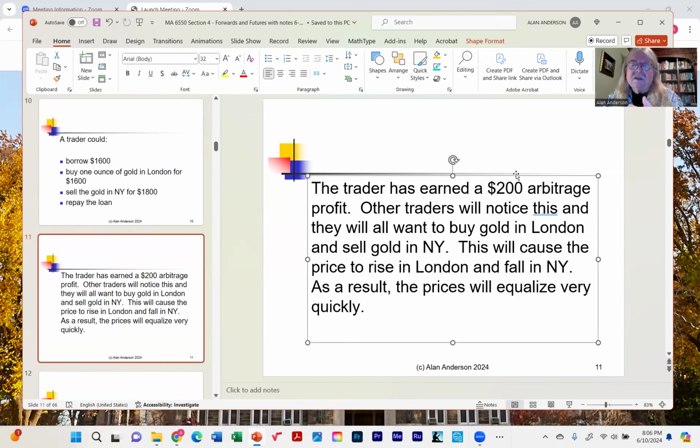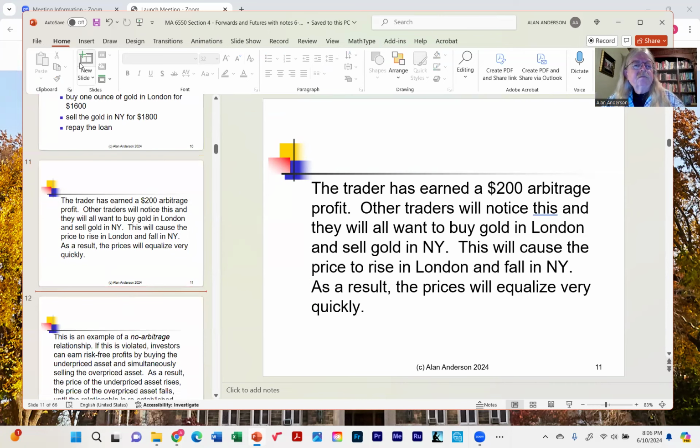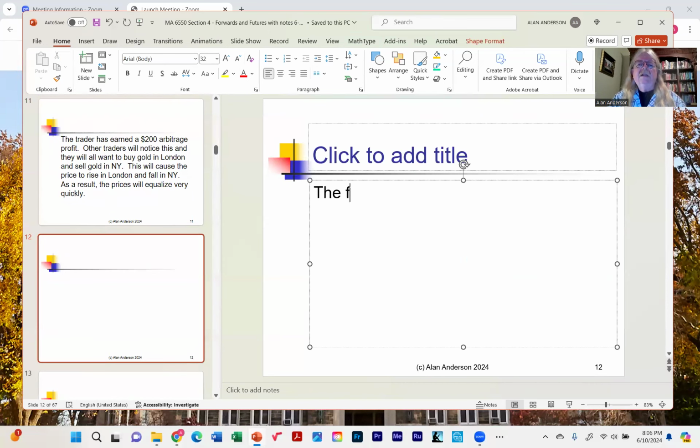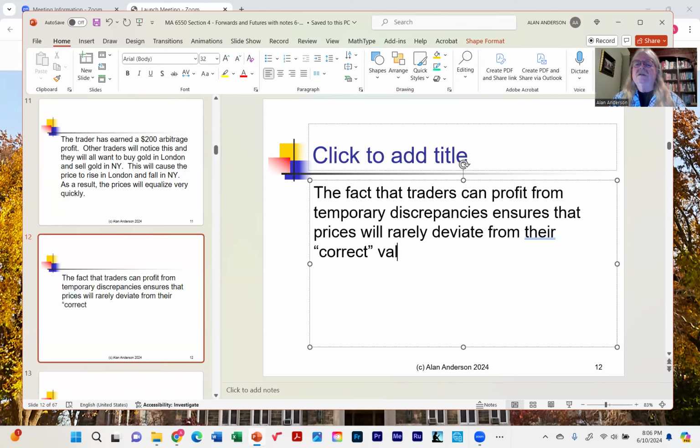But because of this, the fact that traders profit from temporary discrepancies ensures that prices will rarely deviate from their correct, I guess we'll call it, values.